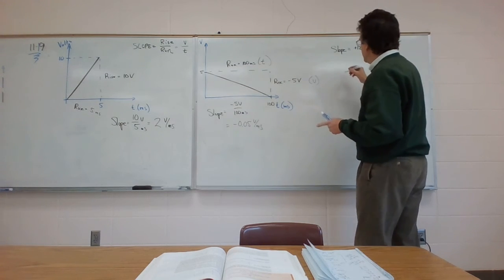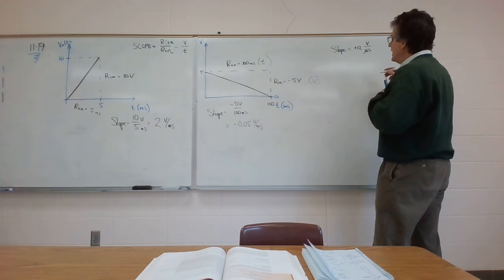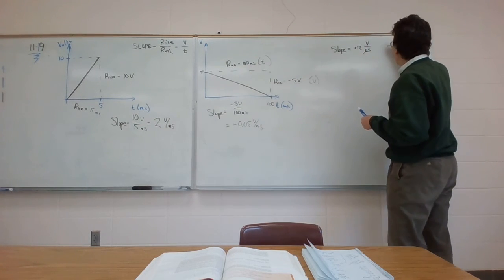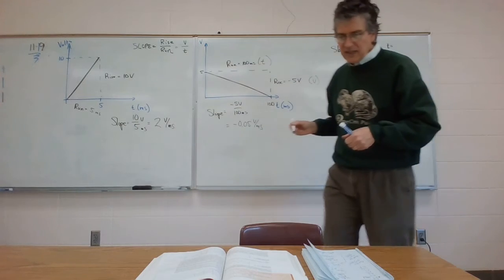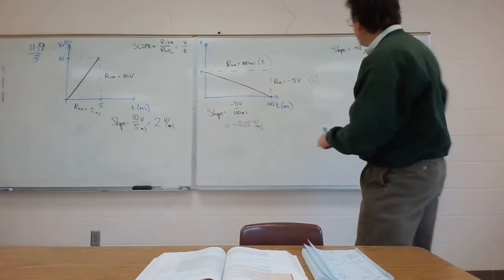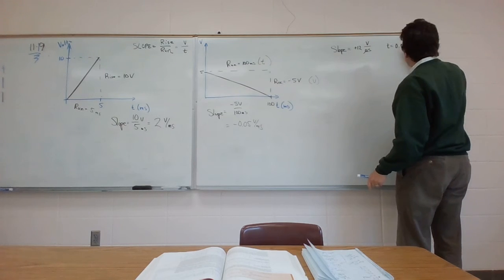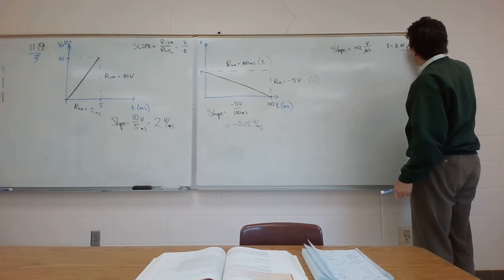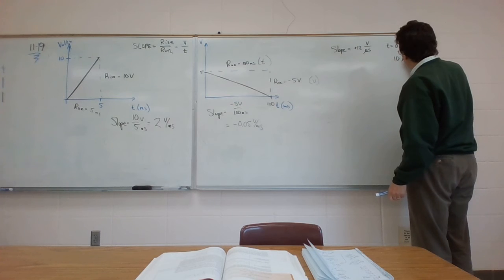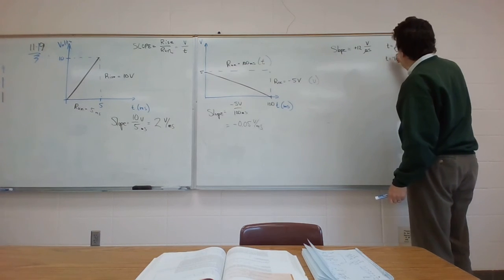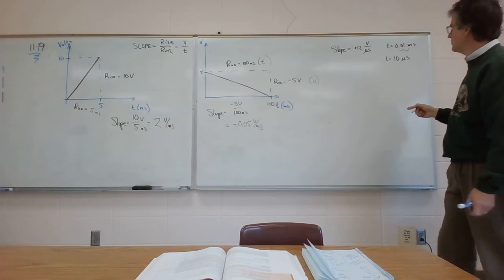Then your time is equal to 0.01 millisecond. Let's move that over 1, 2, 3 decimal points. That will be 10 microseconds.